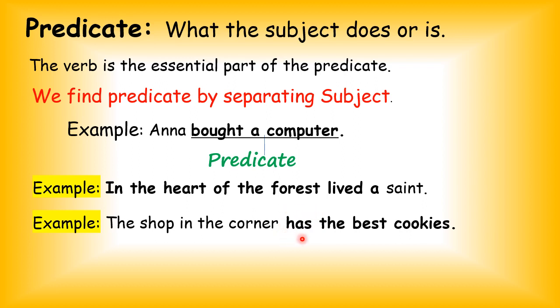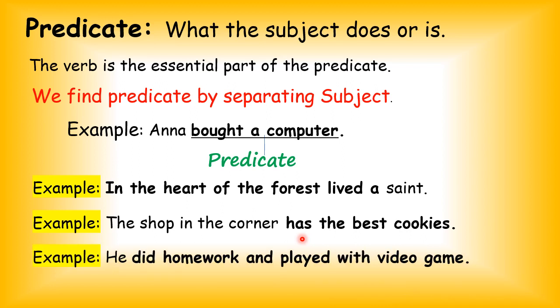Yes, children. Now let's take one more example. He did homework and played with video game. Who did homework? He. So did homework and played with the video game is giving information about he.